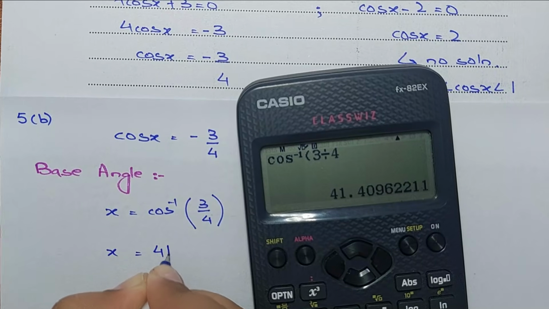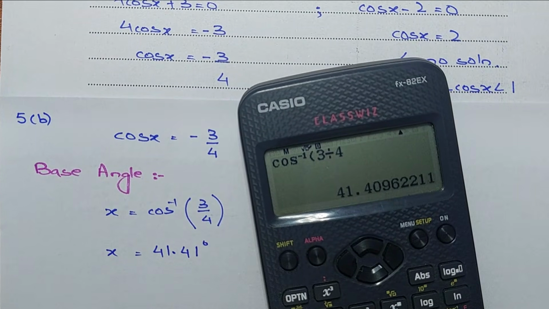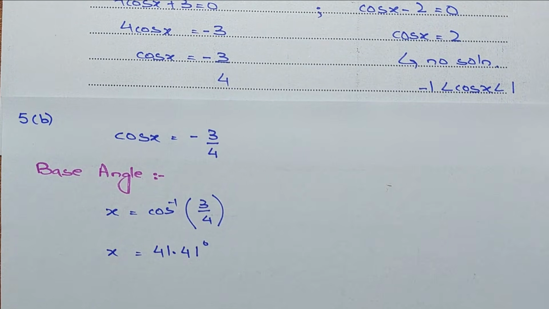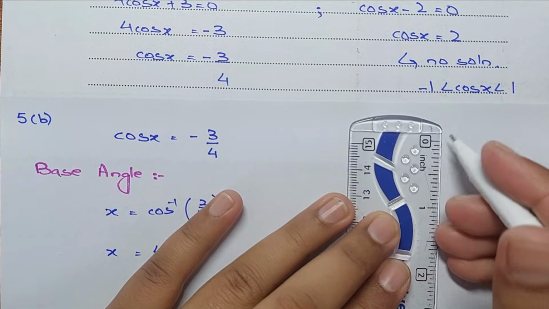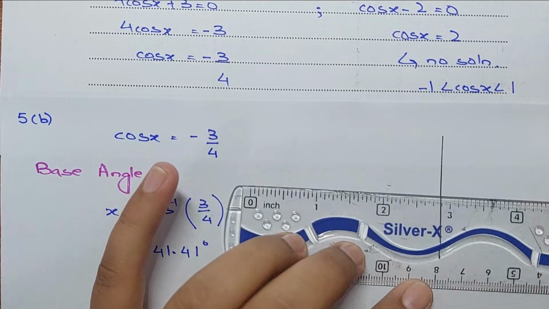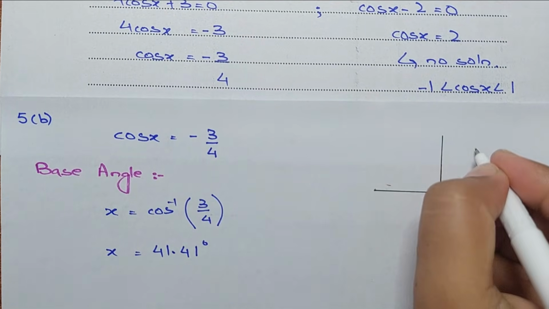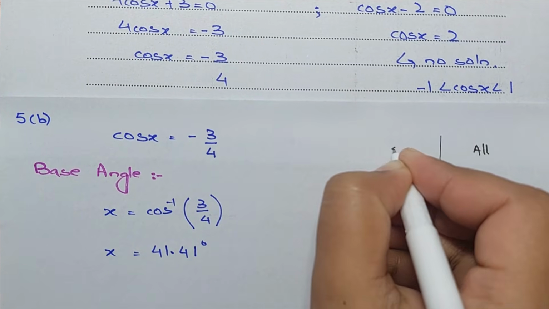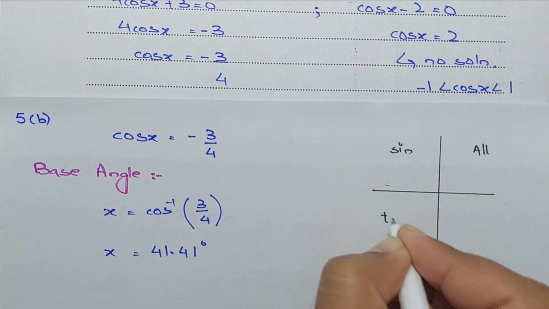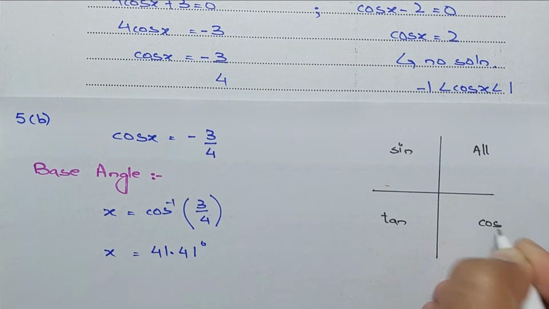x is 41.41 degrees. Okay, now let me draw the coordinate diagram and check in which quadrant cosine is negative from 0 to 360 degrees. Now in the first quadrant, all trigonometric ratios are positive: sine is positive, tangent is positive, and cos is positive.